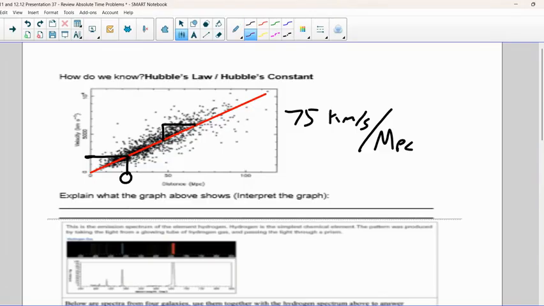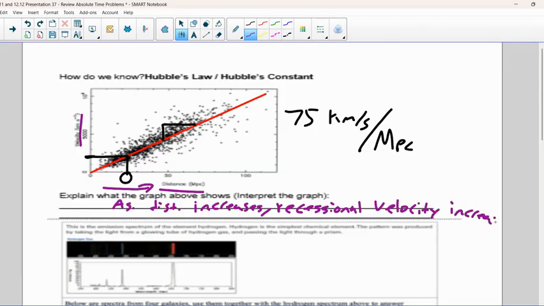Okay. So explain what the graph above shows. So interpret the graph. When you're asked to interpret a graph, always compare your X and your Y axis and how they are related. And so as distance increases, the recessional velocity, meaning how fast it's moving away, increases.